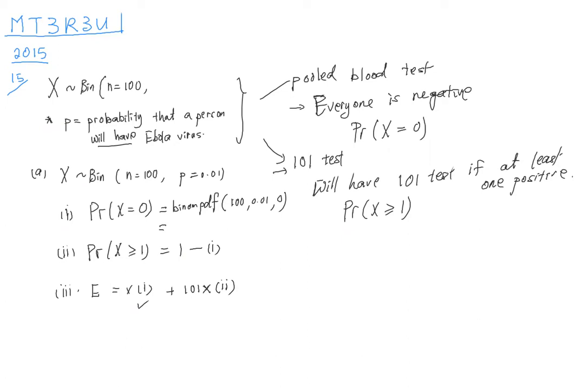Okay, so let's go to part C. Yeah, you have part C with you. Okay, hold on. I'm at the wrong page. So part C, they say, give a reason why pool blood test is preferable to testing individual samples in this case. So you see, because the expected value to do the test is only what?